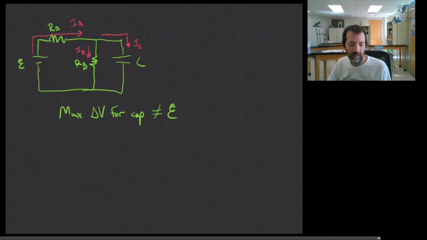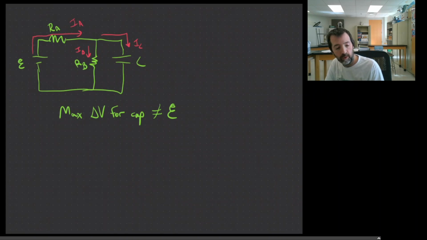So in the initial state, current B is going to be 0. All of the current is going to go this way, and that would be the same as current A for time 0. But over time, current C is going to quickly decline. All of the current will get shunted over into resistor B instead.